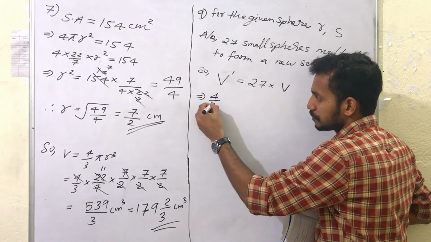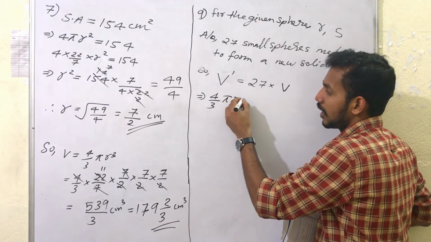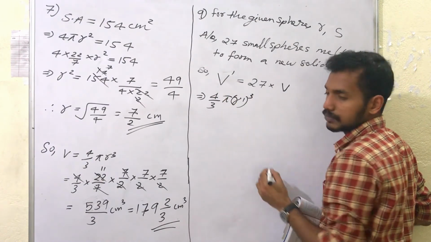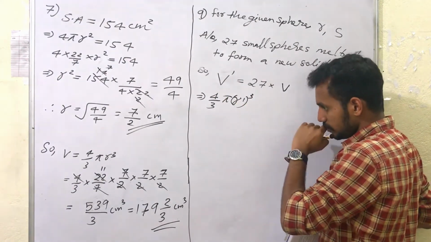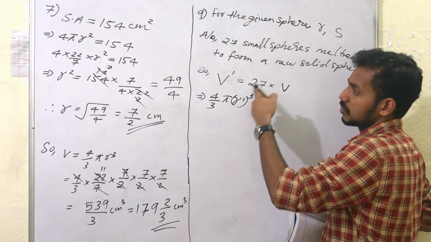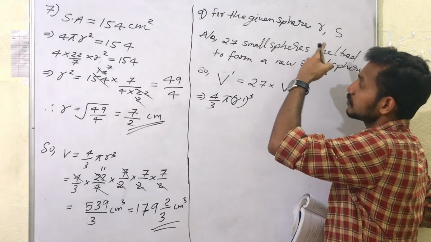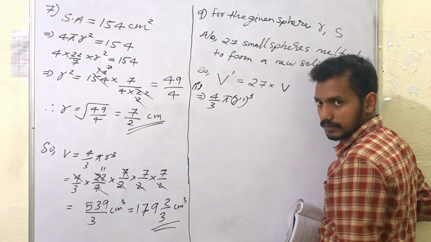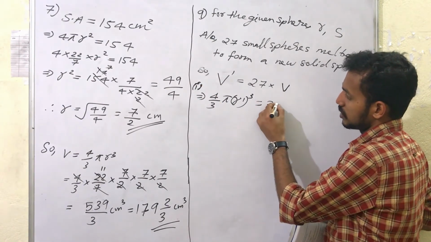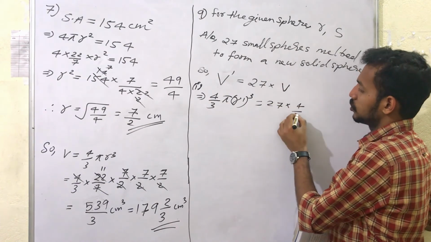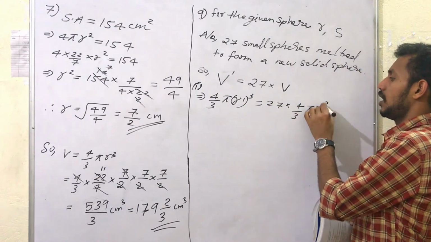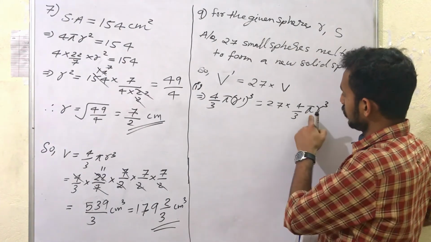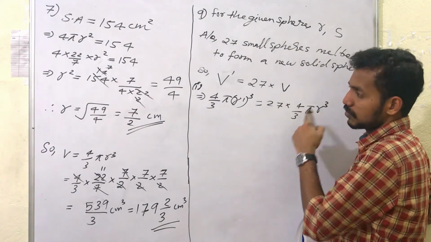Then what will be the volume of the new solid? 4 by 3 pi r dash whole cube, because r dash is the radius of the new solid according to the question. That is equal to 27 into 4 by 3 pi r cube. Well, 4 by 3 pi r cube is the volume of the small sphere.